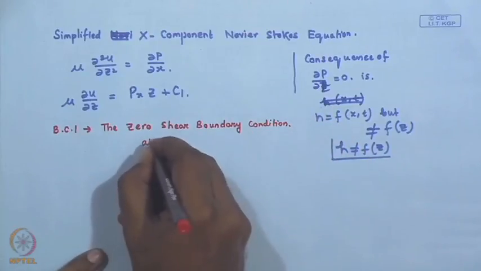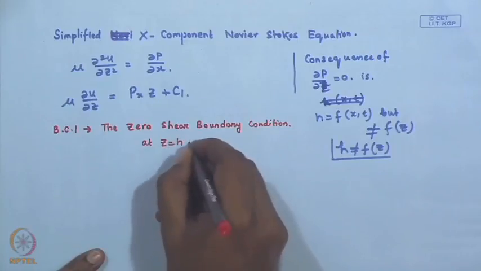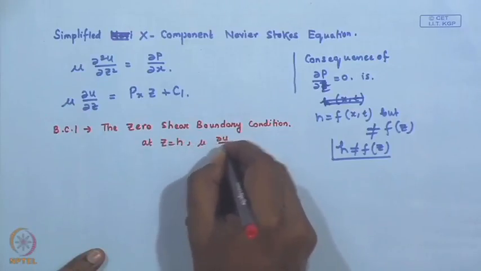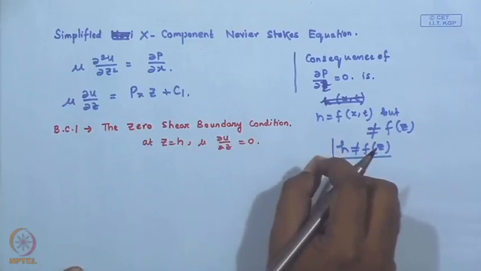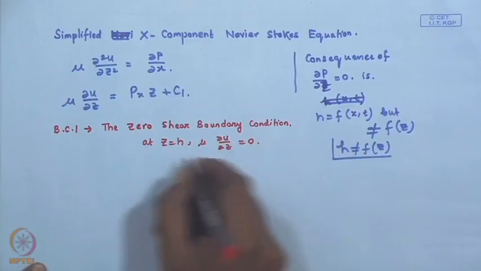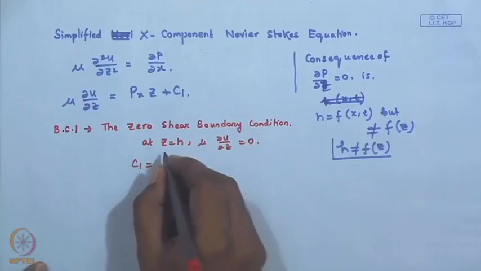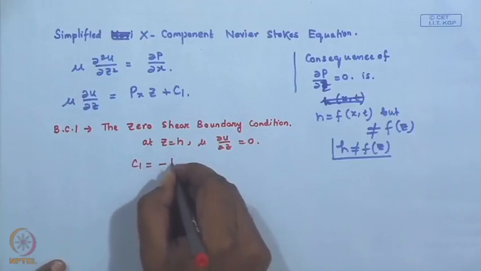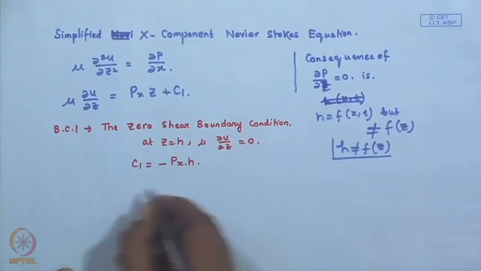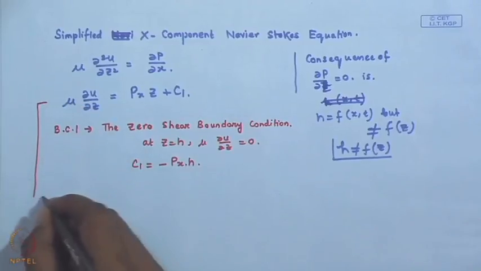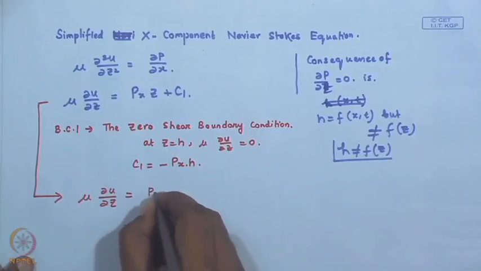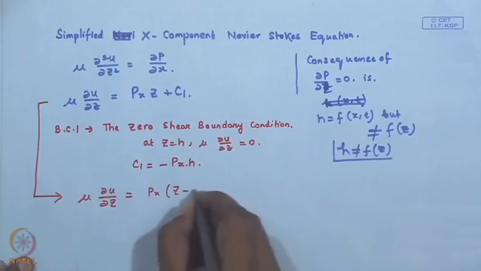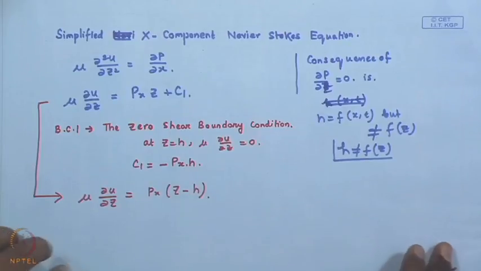So, at z equal to h, mu del u del z is equal to 0. Therefore, you substitute, what you get is the value of the constant of integration c 1 as minus p x into h, and if you substitute that, you get mu del u del z is equal to p x into z minus h.